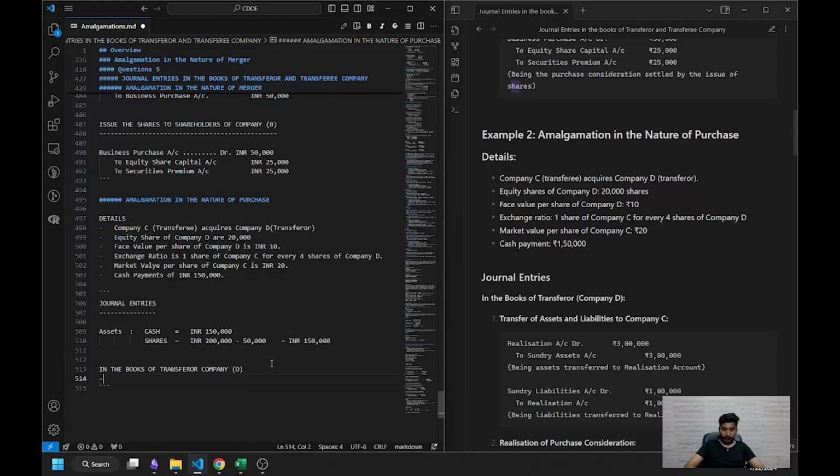So for that sake, the journal entry will be as follows. Realization account. The net amount which is to be realized to sundry assets is 3 lakhs.